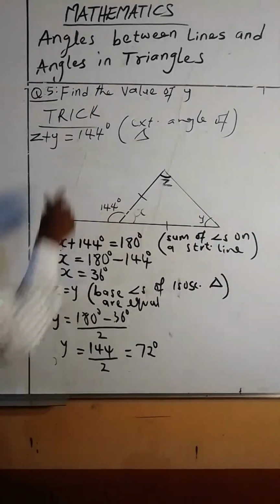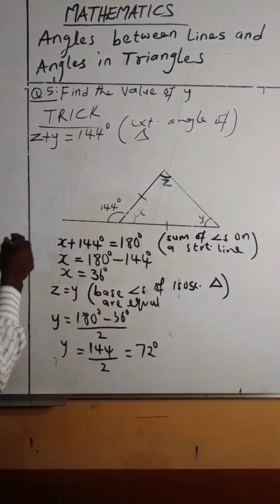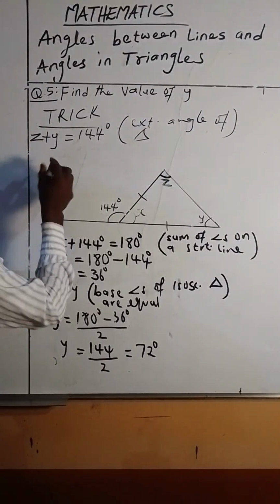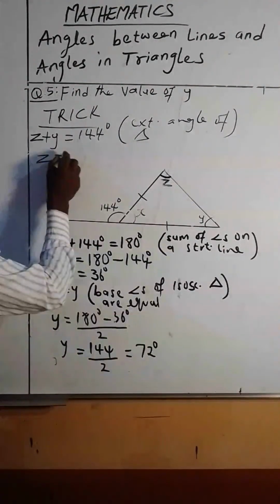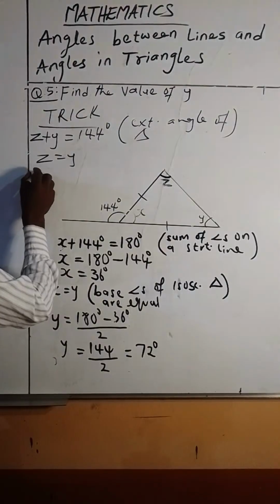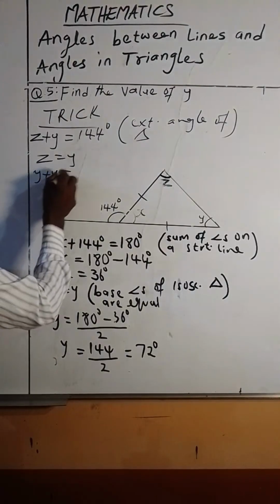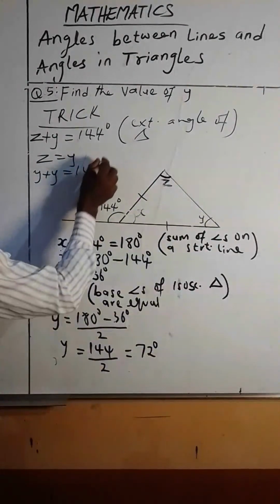The question says z is equal to y. We are aware z is equal to y. So recall that z is equal to y, so we can make this y plus y equals 144 degrees.